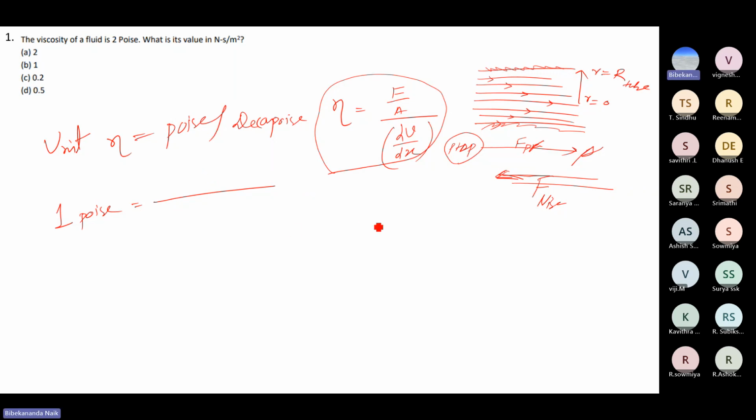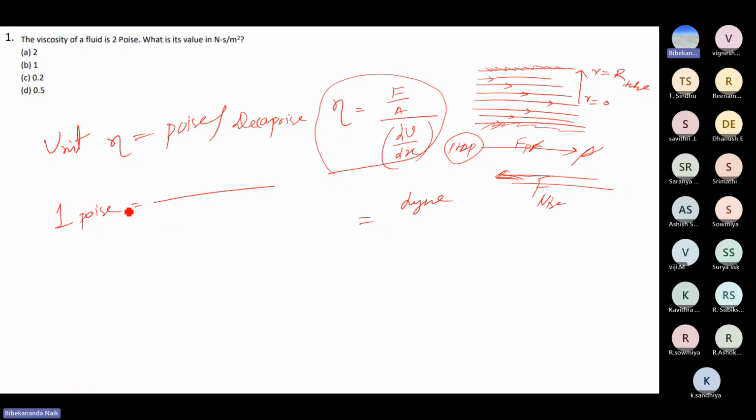If you compare this expression, since the unit of eta is poise, then 1 poise will be 1 dyne divided by 1 centimeter square, whole divided by dv by dx.